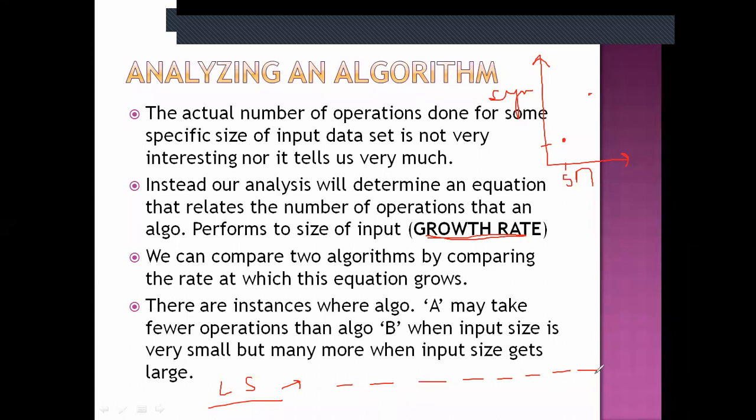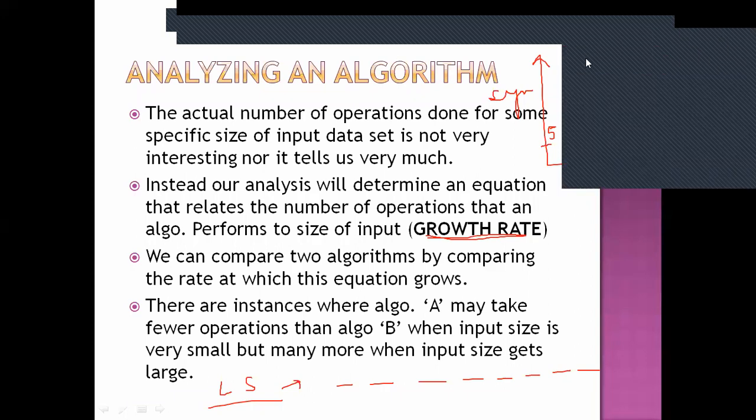But if you are having 1 lakh elements, how many significant operations you need to perform? 1 lakh. So what will you say, what is your complexity? 5, 100, or 1 lakh?